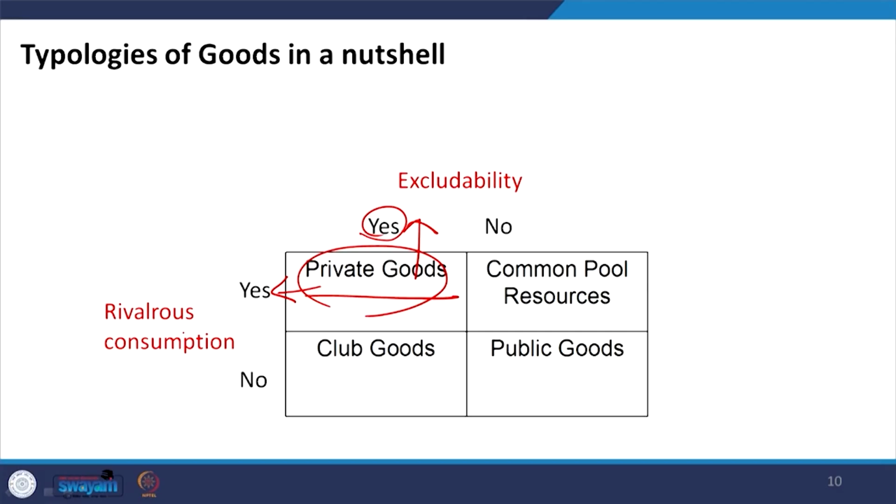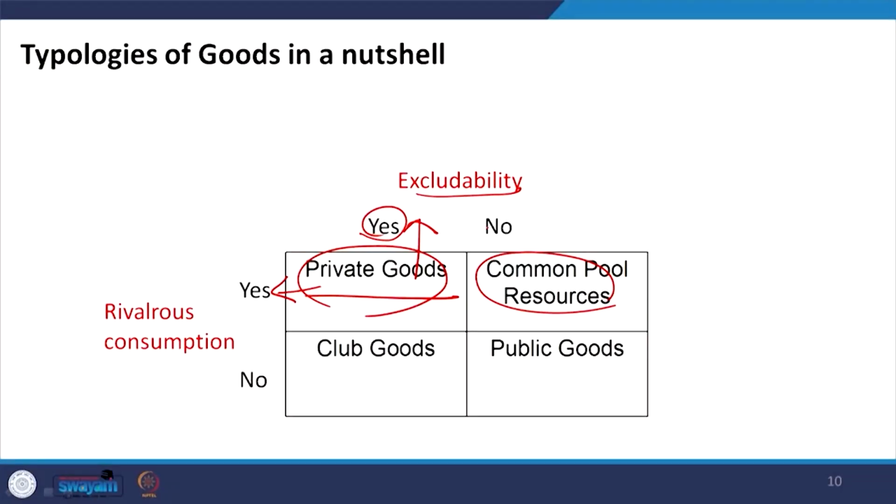And if you are taking into account common pool resources, what happens? What would be the characteristics based on these two criteria? If you ask about excludability, can we exclude? You cannot actually exclude, because it is non-excludable. If you are a member of a particular group, you are accessing this particular thing, and your neighbor, who is also a member, is also accessing these things.